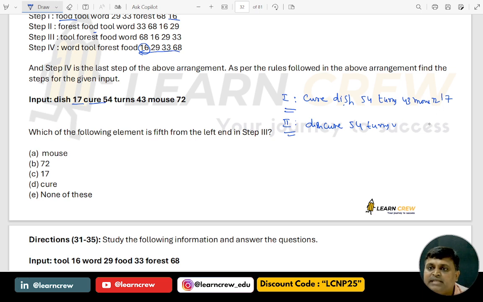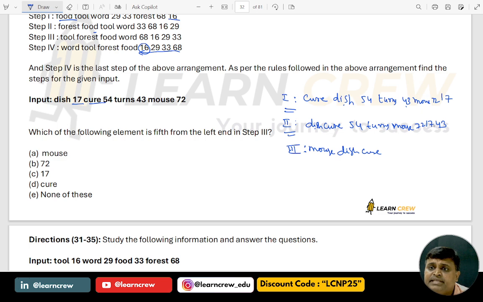So 43 has to be arranged. 17, 43. So mouse and 72. Now next, third step. So dish, cure. Now C is done, D is done. After that what comes? Mouse. So mouse, dish, cure.